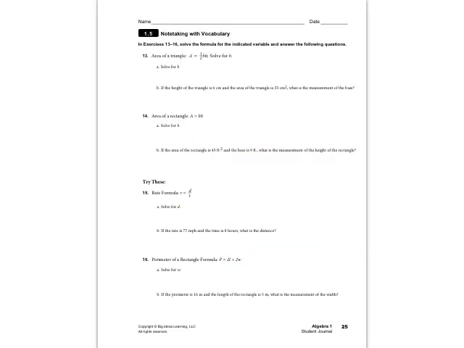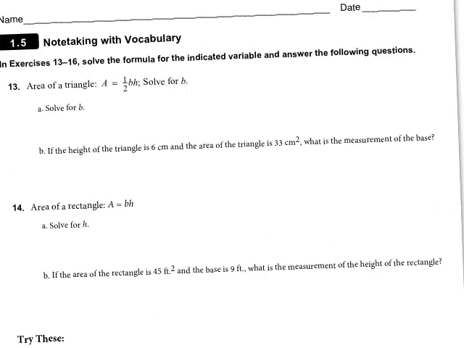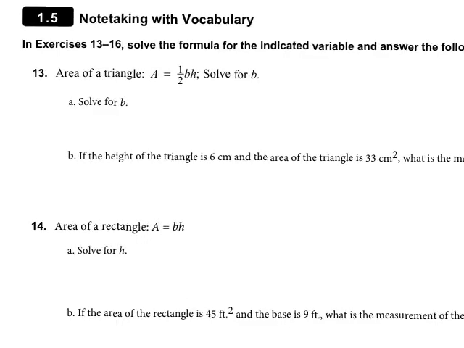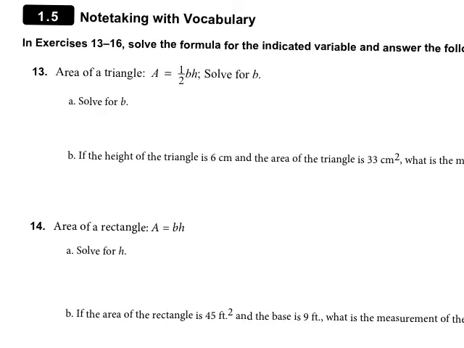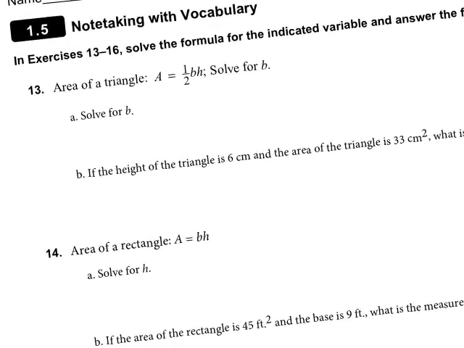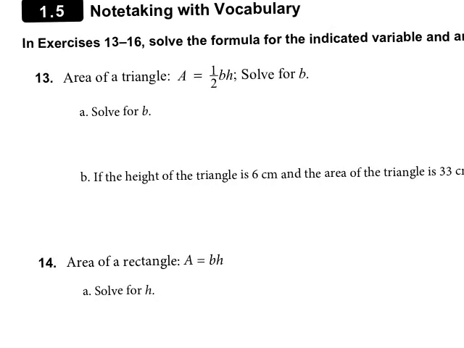Okay, so application type stuff. Let's look at number 13, and this was kind of what we were getting at on warm-up. It gives me the area of the triangle. I want to solve that formula for b. So if I'm getting b by itself, how do I get rid of a 1/2? Multiply by 2, right?